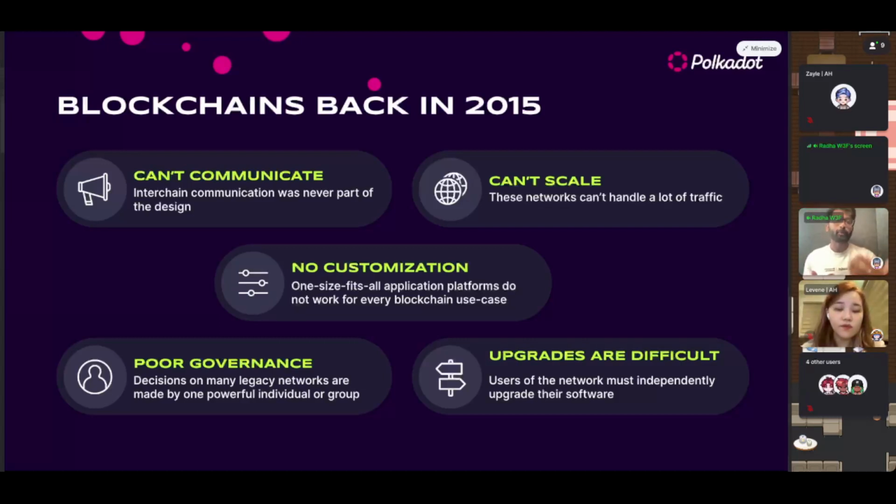Anybody could deploy programs, which they call smart contracts, on the blockchain and do computation on the blockchain. Ethereum-generation blockchains, which originated at the time, were never designed for communicating with each other. That wasn't part of the actual design of the blockchain network.